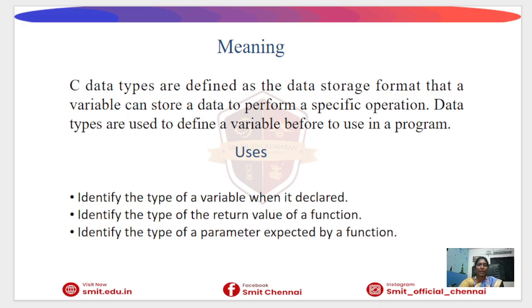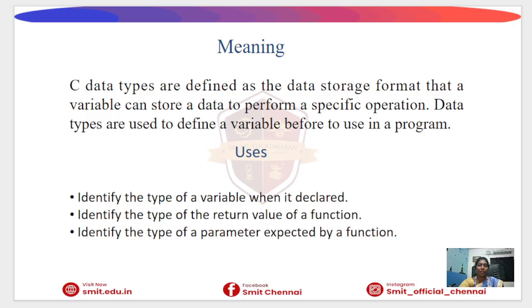Move on to the next slide. This is the meaning of data types. C data types are defined as the data storage format that a variable can store. In C language, every variable must store some values, but different values require different formats.